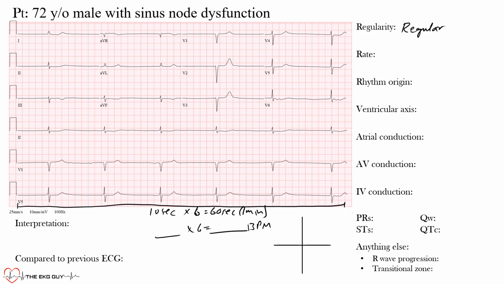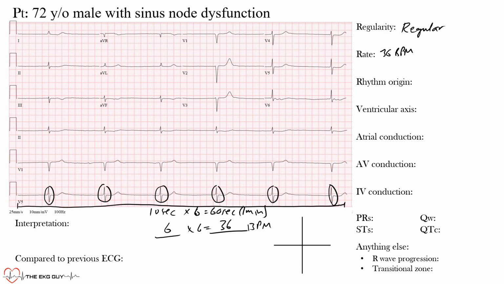We can do this with either the atrial rate by using the P waves or the ventricular rate by using the QRS or T waves. So in this case, 1, 2, 3, 4, 5, 6, meaning there are 6 QRS complexes there, so the estimated rate should be about 36 beats per minute.